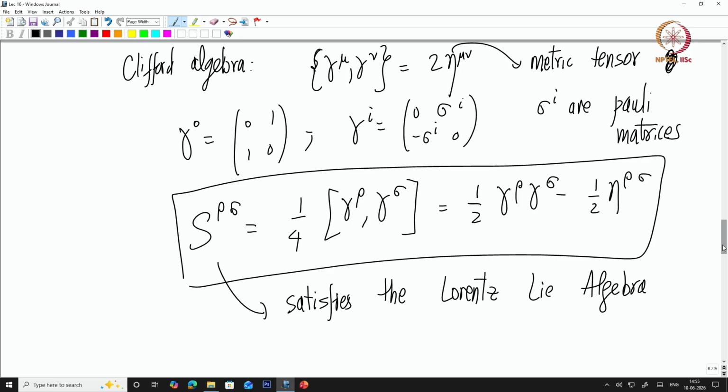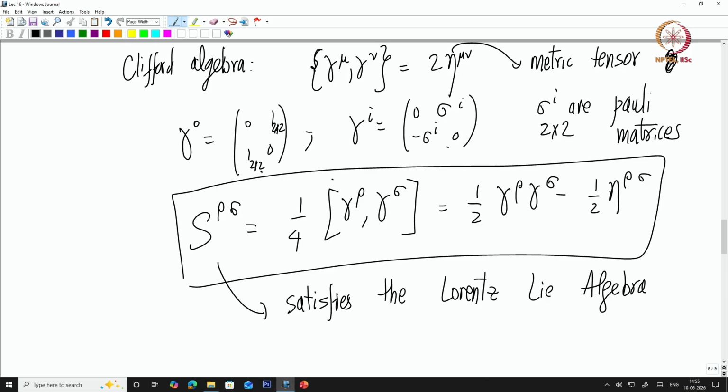The Clifford algebra contains gamma matrices, given by this particular representation. So, gamma 0 is equal to 0 1 1 0, and gamma i is given in terms of the 2 by 2 Pauli matrices. So it is 4 dimensional, with 2 by 2 blocks. These gamma matrices satisfy not commutation relations, but anti-commutation relations.